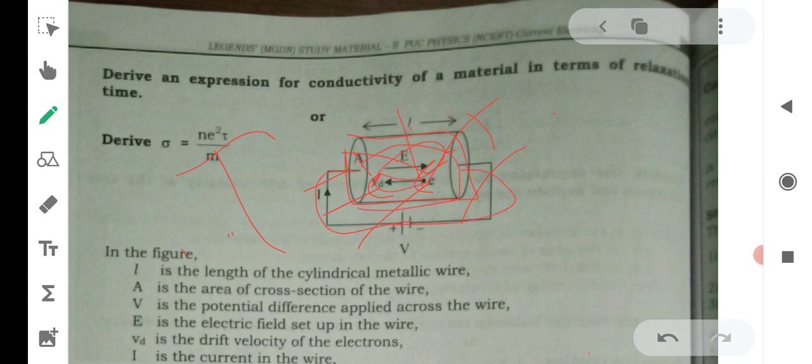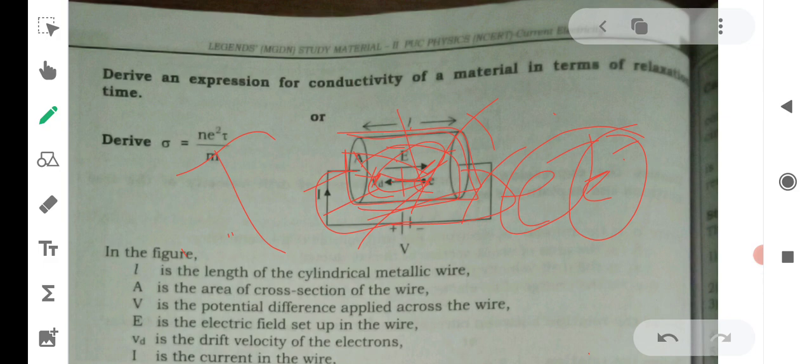When a potential difference is applied, these free electrons will collide with each other. Collision of two or more electrons will take place, and after successive collisions with fixed ions or positive ions in a metal, they will take some time to rest, and relaxation takes place.